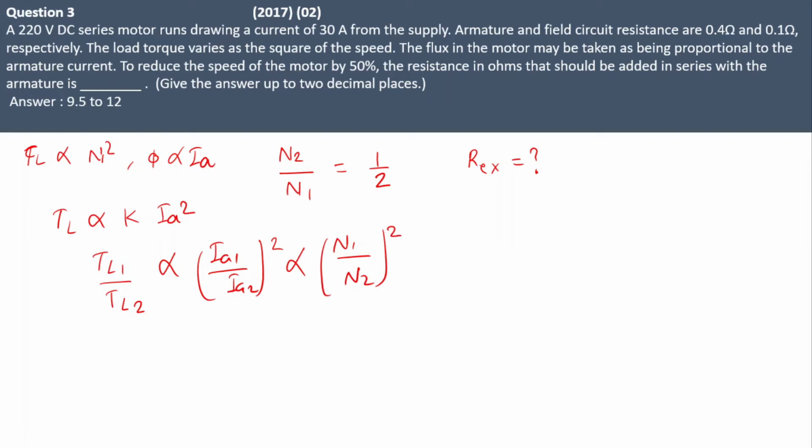So from here you can find out the relationship between the armature currents: 30 divided by IA2 whole square equal to N1 by N2, is 1 by 2 whole square.